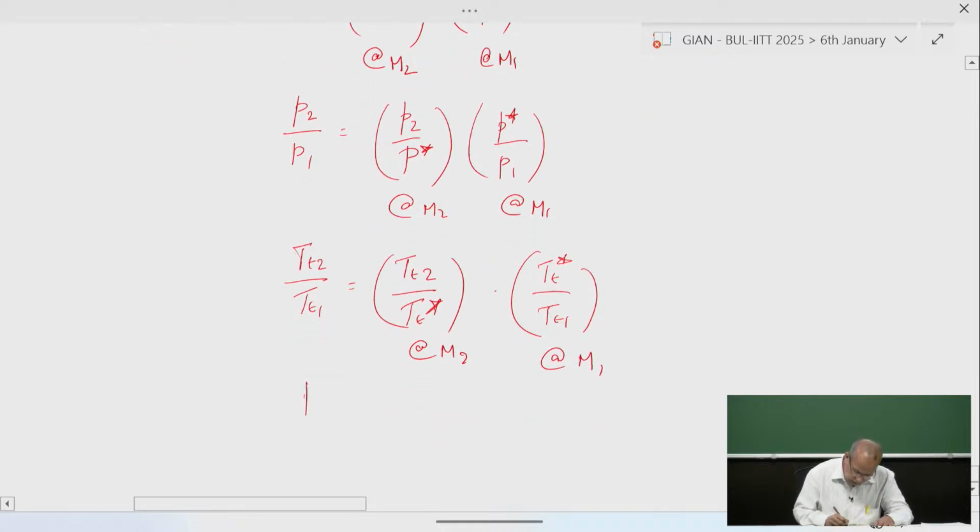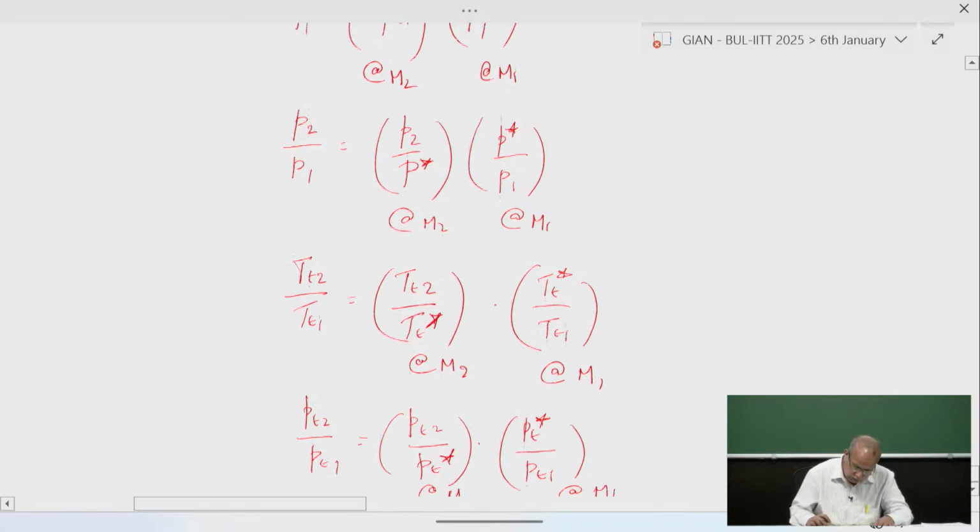So similarly I can write here PT2 by PT1 is equal to PT2 by PT star at M2 into PT star by PT1 at M1.